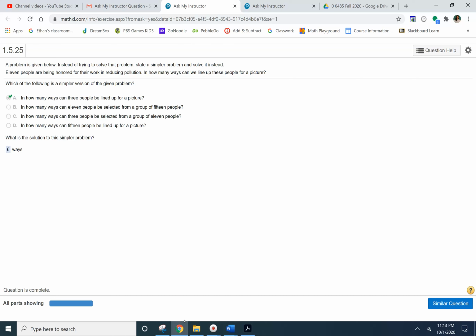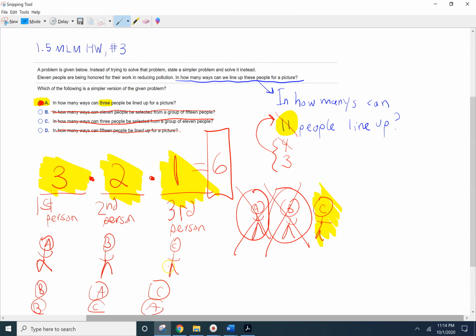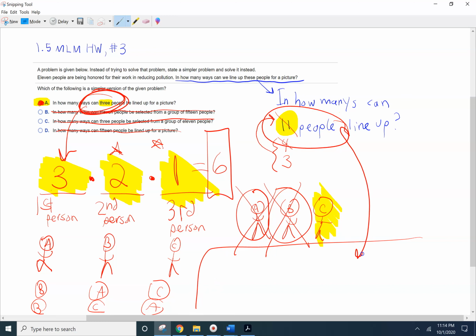So this problem is just an example of that strategy where you work a simpler problem and then try to find a pattern to get the more complicated solution. We could do this one too. See the pattern we had when working a problem with 3 people: we started with 3 and just decreased the numbers as we went. So we could totally do 11 people. We would just line up 11 slots, 1, 2, 3, 4, 5, 6, 7, 8, 9, 10, 11.